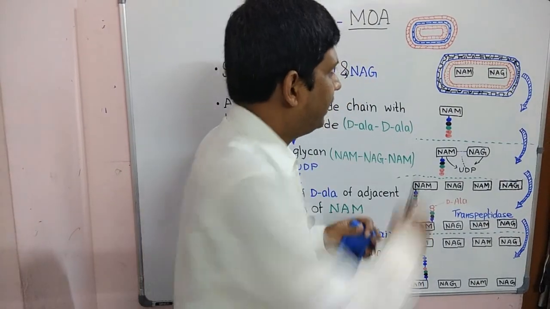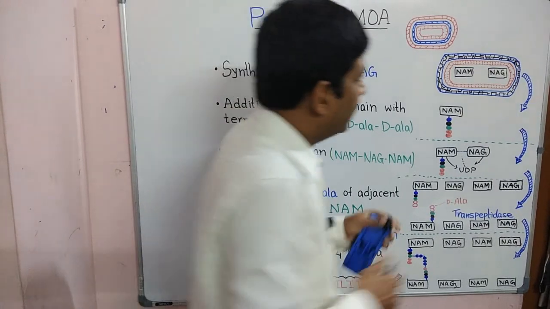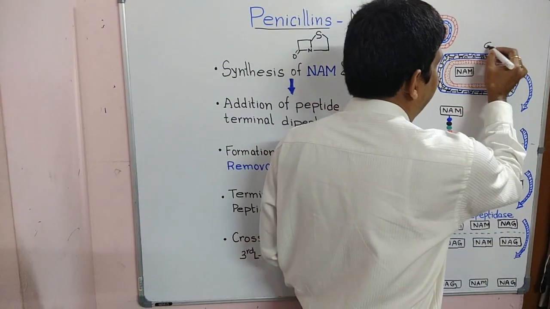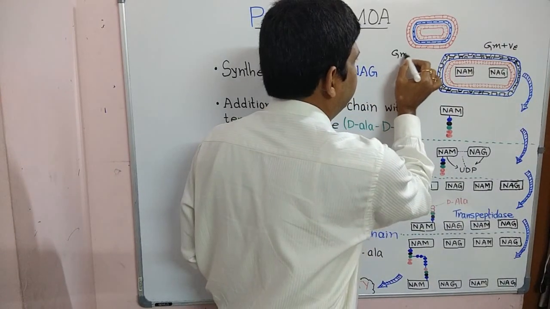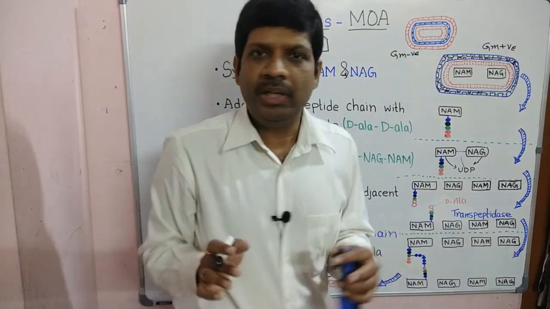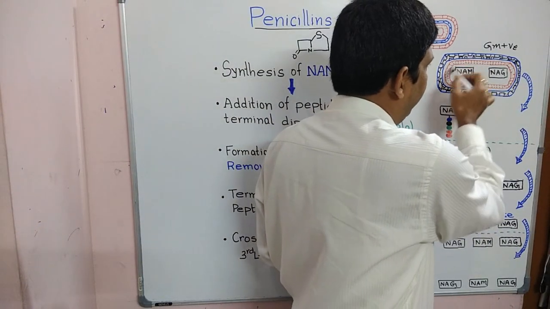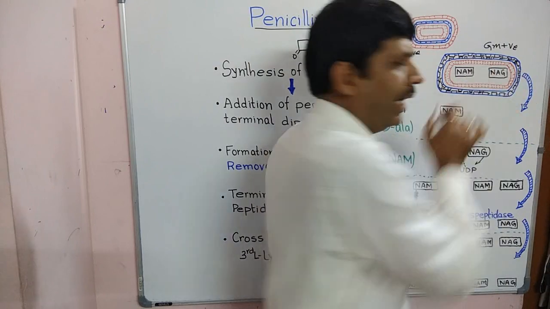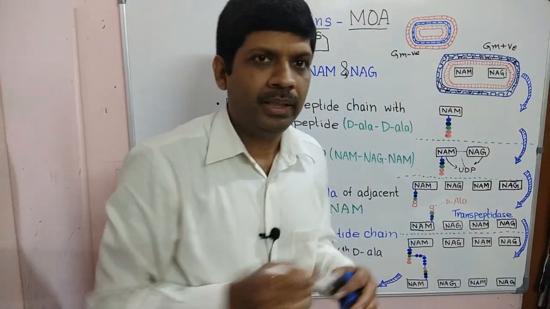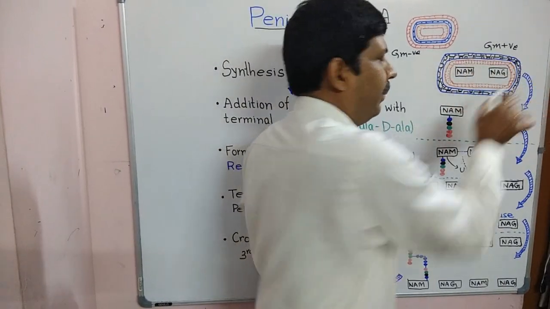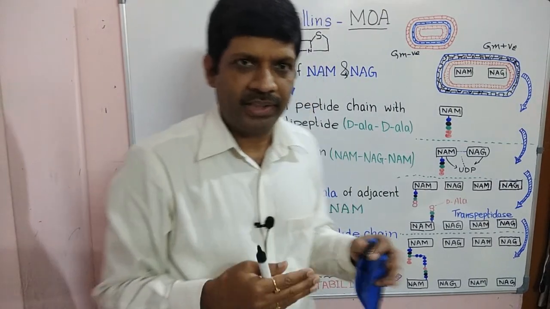That happens because of the structural difference between gram-positive and gram-negative bacteria. So we have this as a gram-positive bacterium and this as a gram-negative bacterium. Structurally, in gram-positive there is a membrane, and above the membrane there is a thick peptidoglycan layer. It's a cell wall made up of peptidoglycan. I will discuss peptidoglycan layer synthesis later on.